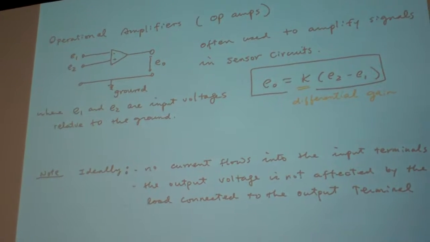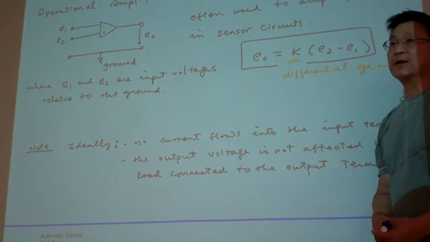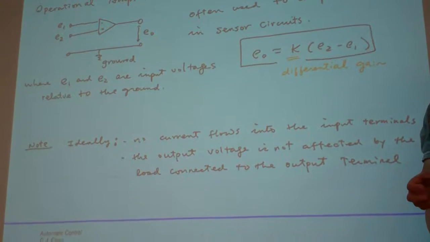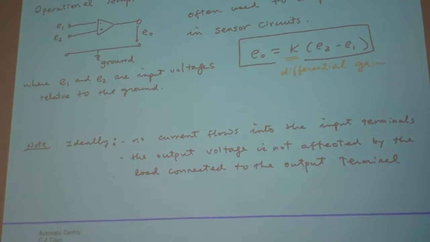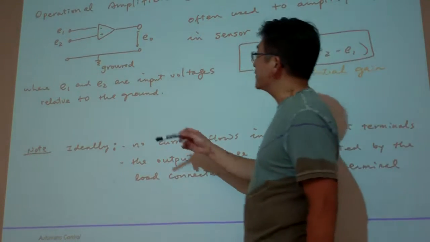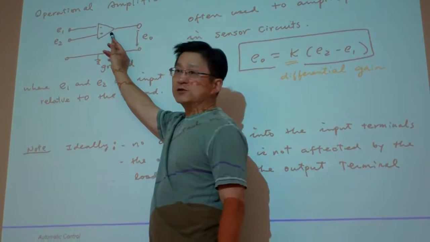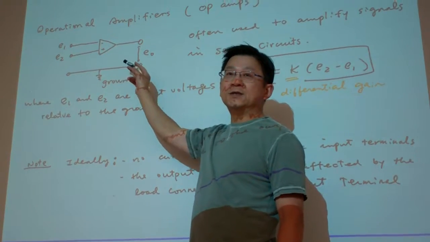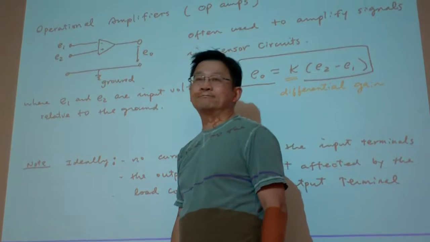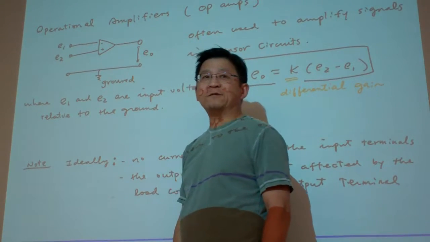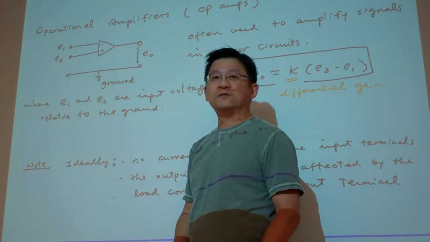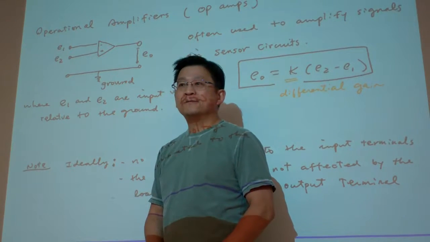Another component is called the operational amplifier, and people just call it op amp. This one is basically composed of the diode, the PN junction, the PN photodiode, and you should have learned that one from ES 307, right?